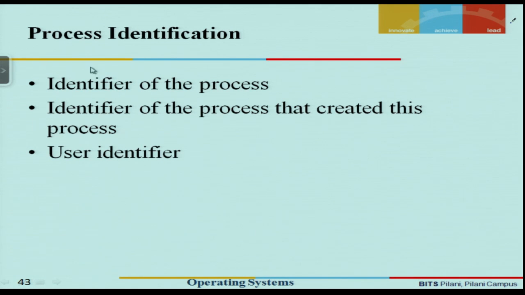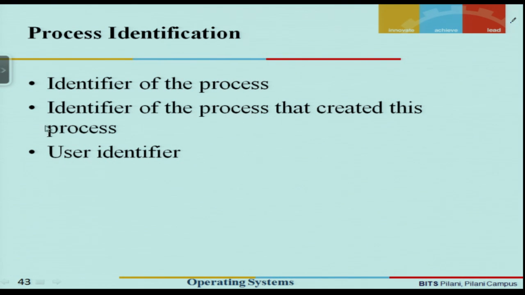When it comes to process identification, three things are maintained. The identifier of the process, some value associated with each process; the identifier of the process that created this process, that is, the parent of the process; and then the user identifier, that is, who is the user who created this process.